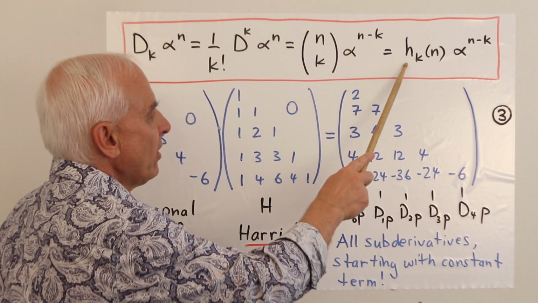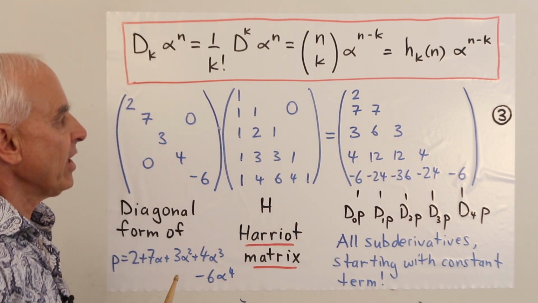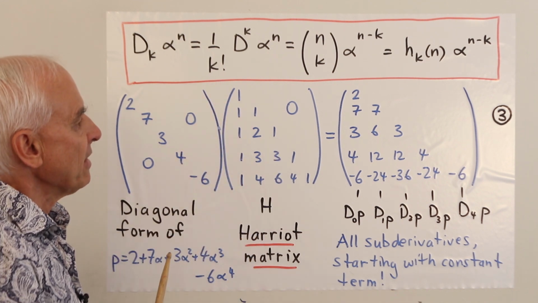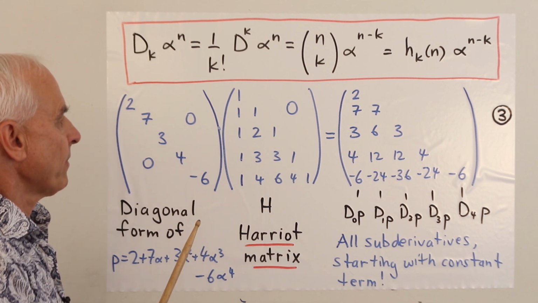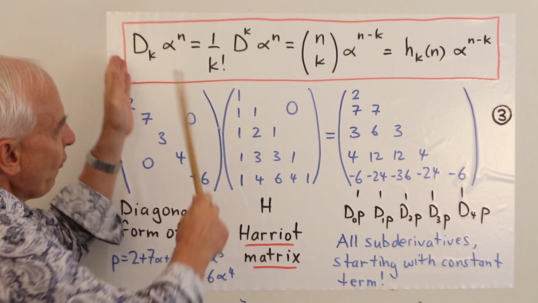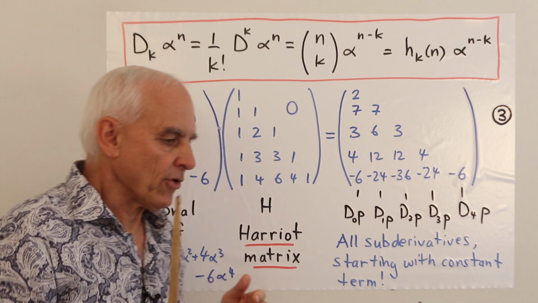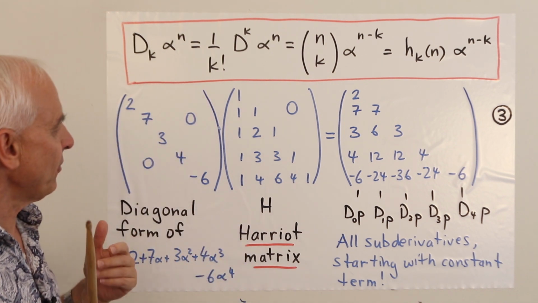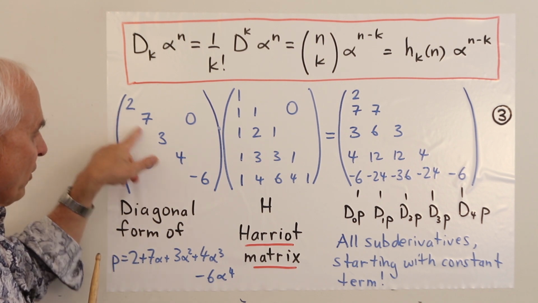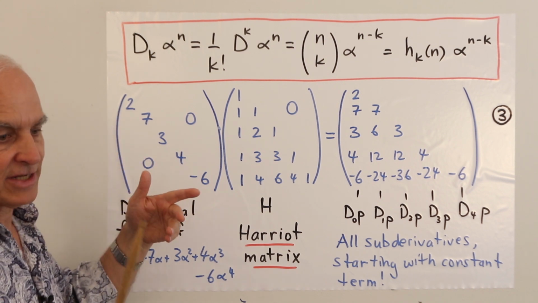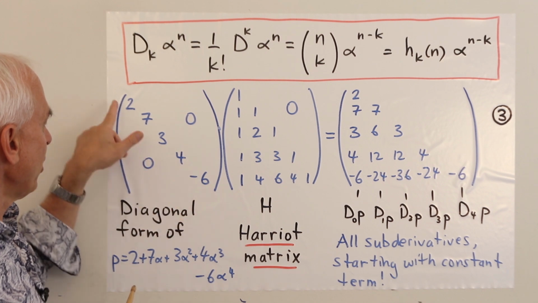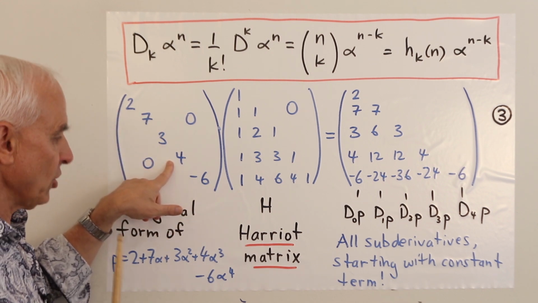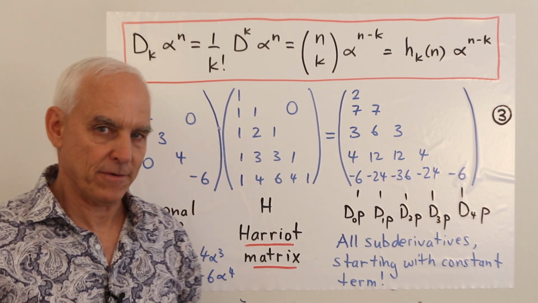So h sub k of n is the kth column here, as a function of n. And so this formula here allows us to redo that calculation, and I want to show you a nifty alternate way of calculating the various subderivatives of this polynumber 2 plus 7 alpha plus 3 alpha squared plus 4 alpha cubed minus 6 alpha to the 4th.